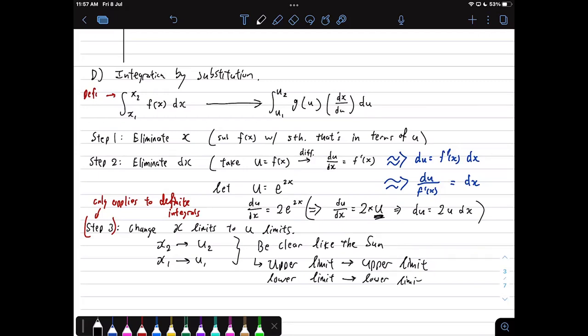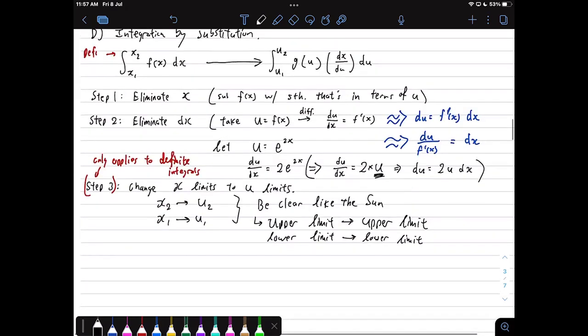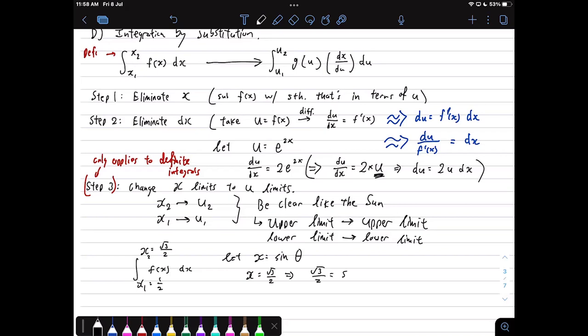Like for example, if you have the upper limit x2 equals square root 3 over 2, integrate some f of x dx, and x1 equals 1/2. And then you let x equal sine of theta. You introduce a theta. Then the upper limit here will be what? x equals square root 3 over 2, which implies root 3 over 2 equals sine theta.